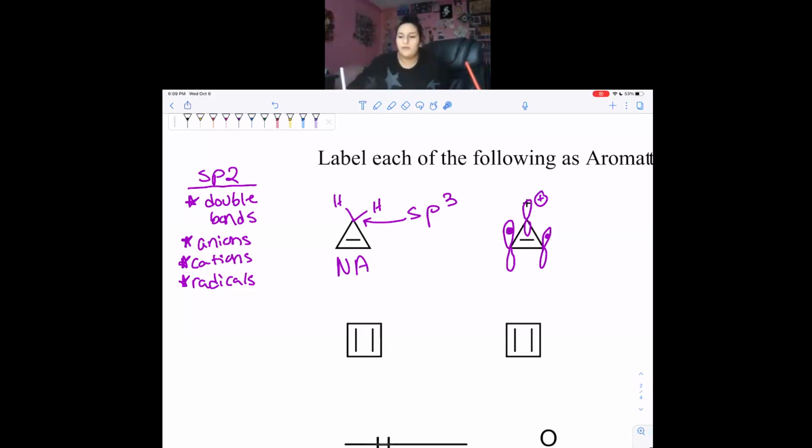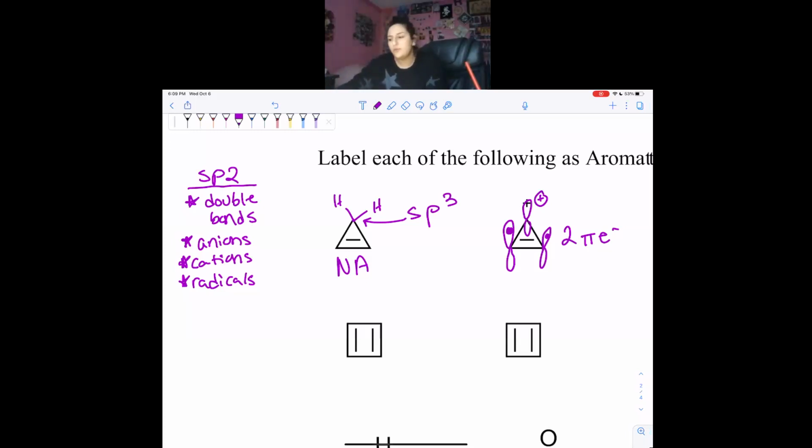So each double bond is going to be 2, and then we have 0 here. So it's actually going to be 2 pi electrons. Each of the carbons that's attached to a double bond has 1, and then this one is empty. So we have 2.